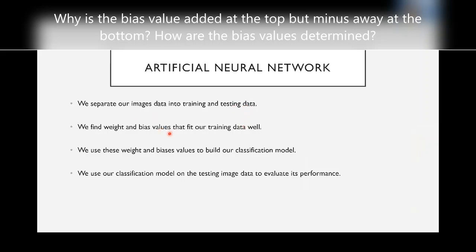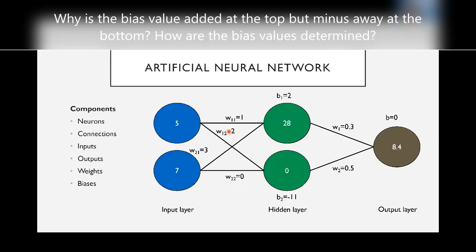Okay, and so what we're going to do is that based on our 60,000 images, our training data, we are going to figure out what are the weights and bias values that are going to fit them well. Given that we know the input layers and the output layers, we can try different weights and bias values.